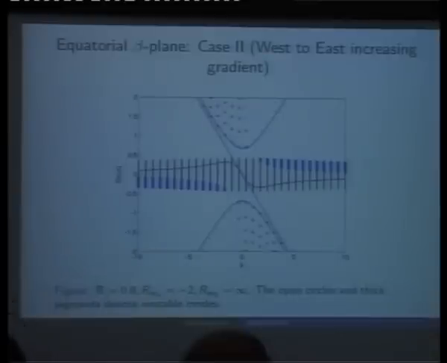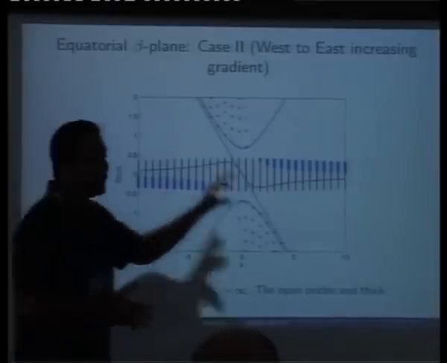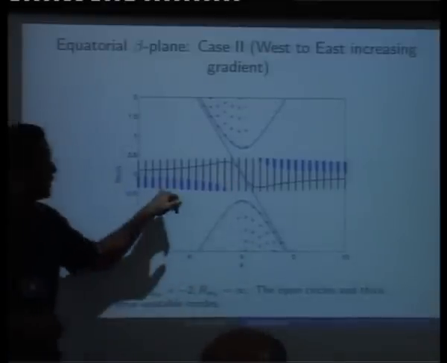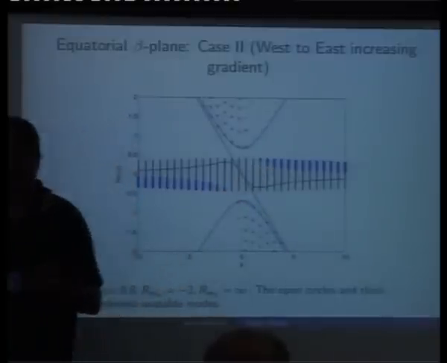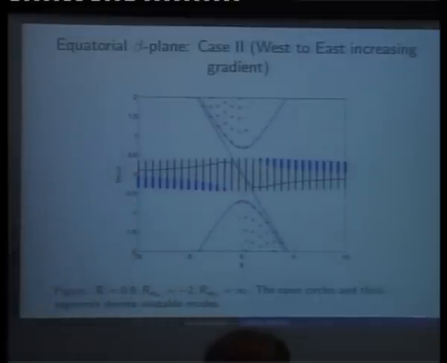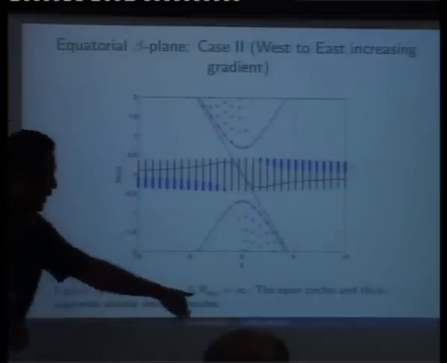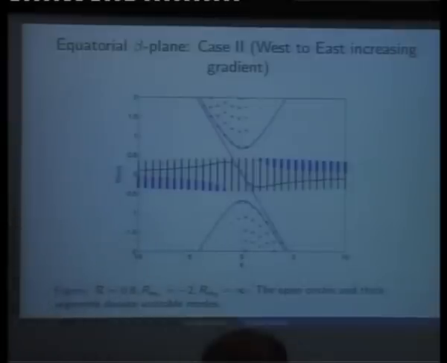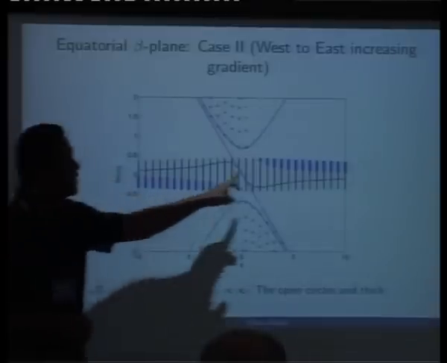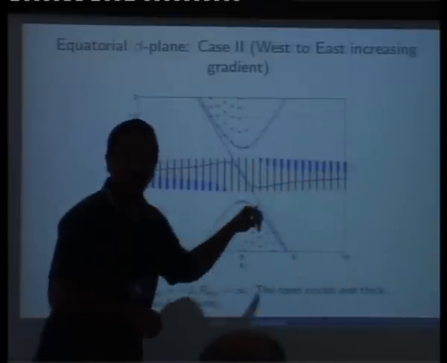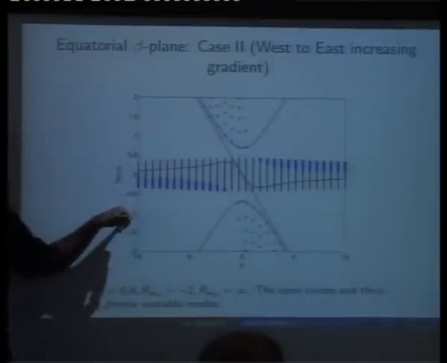What you find is you get essentially the same answer with one remarkable difference. The solid lines are the lines where the modes have actually become unstable. And in fact, this is the case where the gradient is such that it is increasing in the eastward direction, and the modes that have become unstable are exactly the eastward propagating modes.